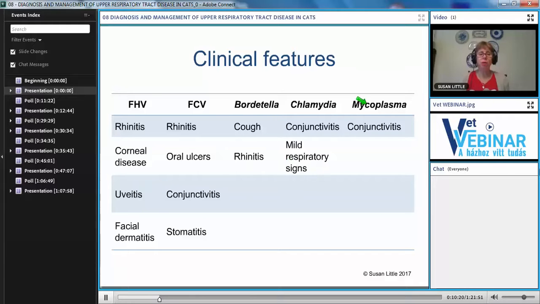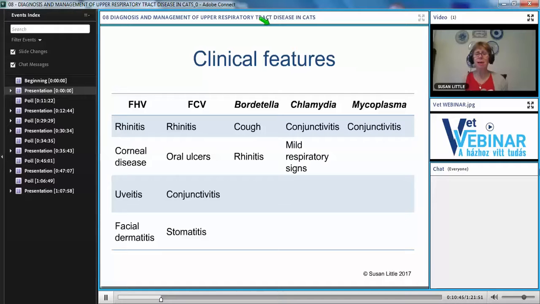When it comes to the bacterial causes, one of the highlights here is Bordetella. So cats that get Bordetella infections are more likely to present primarily with a cough, maybe with some rhinitis, but coughing would be their key feature. And when we have primarily conjunctivitis with few other respiratory signs, that makes me think of chlamydia or mycoplasma.